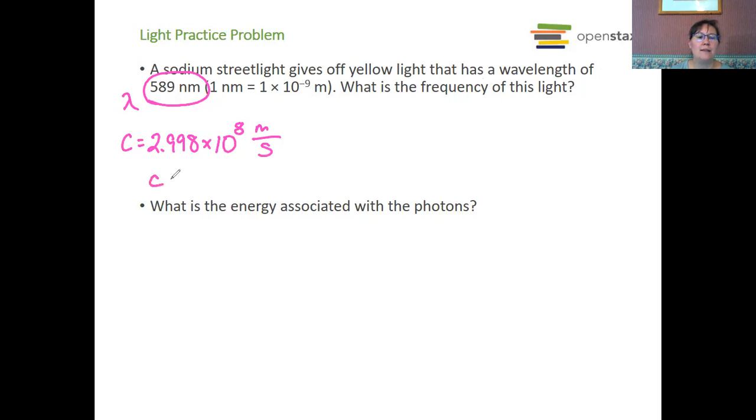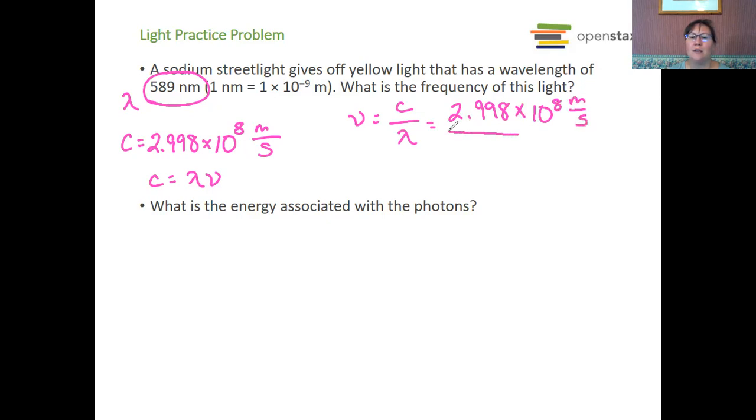So we remember that C is equal to lambda nu, which means that nu is equal to C over lambda. Okay, so it's 2.998 times 10 to the 8th meters per second divided by, now notice that this 589 is in nanometers and I need it to be in meters.